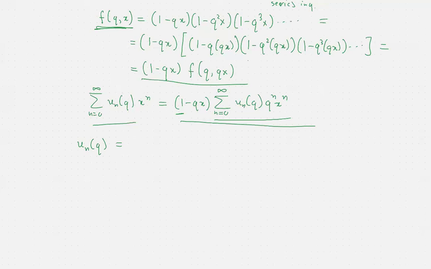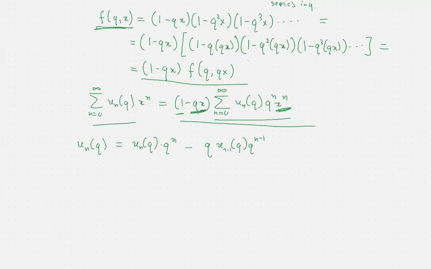And what is going to be sitting in front of x to the n is, since you have an extra x here, then you have to look at the term for the previous term that had an x to the n minus 1 here. And that would be u_(n-1) of q times q to the n minus 1. And we will also have a q that comes from here. Okay, so that's exactly what we will have.